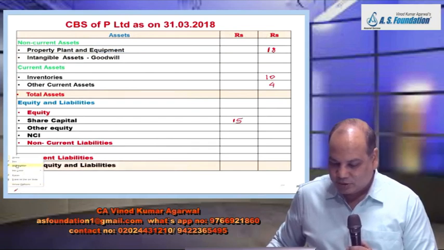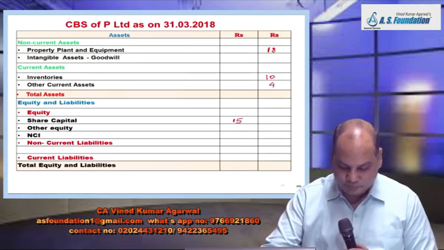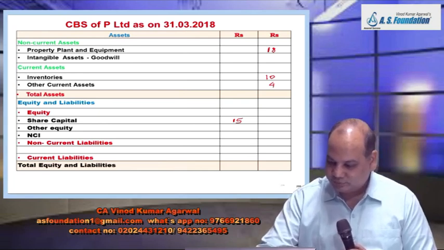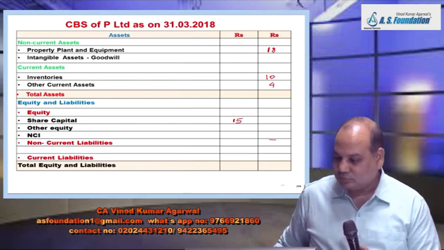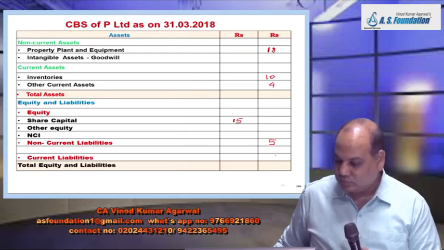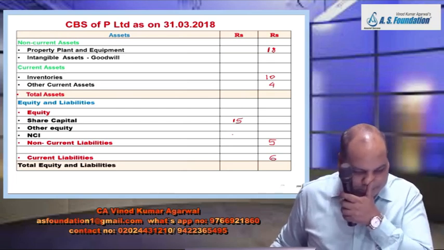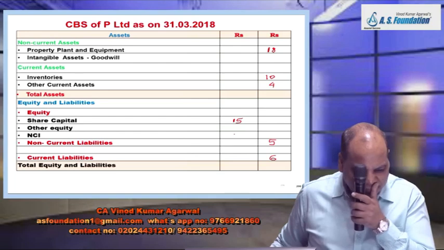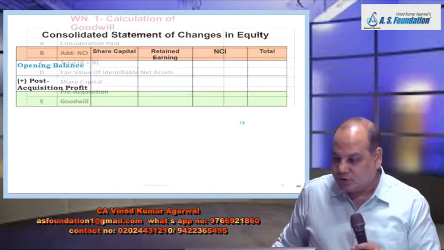Non-current liability total 3 plus 2. Non-current liability total 5. Current liability 4 plus 2, 6. Okay. What is not given? NCI.